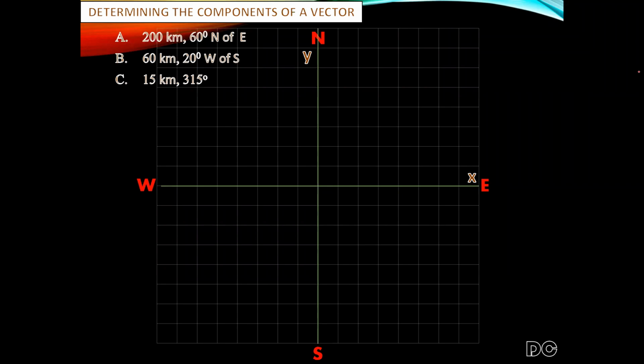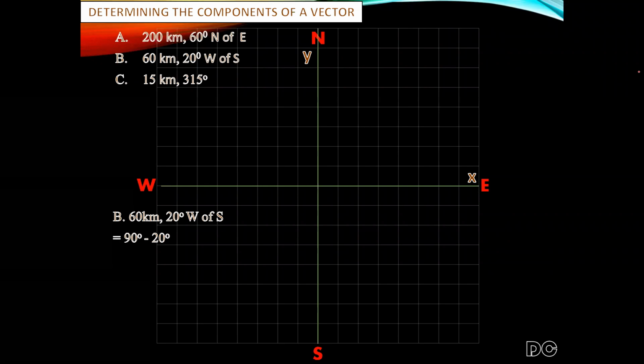First, for vector B, 20 degrees west of south. To transfer this, we just simply subtract. Sir, paano namin malalaman if it is on the x-axis or on the y-axis? Paano namin malalaman if the angle is lying on the x-axis or on the y-axis? You can determine that it is on the x-axis if the direction after the word of is either east or west.